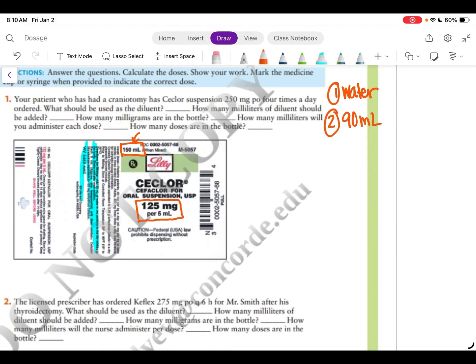So using dimensional analysis, I find is the easiest way. So I'm going to set it up as X mg because we're looking for how many milligrams are in the bottle. Using my dosage, I know that I have 125 milligrams for every 5 milliliters, right? And then I'm going to multiply by the 150 milliliters that make up the entire contents of my bottle, right?